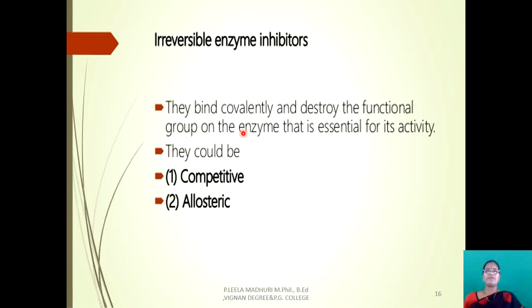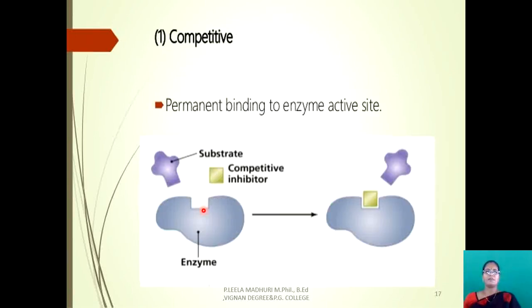That means they will alter the active site configuration so that the substrate cannot bind to the active site and cannot lead to product formation. These irreversible enzyme inhibitions are of two types: competitive inhibition and allosteric inhibition.